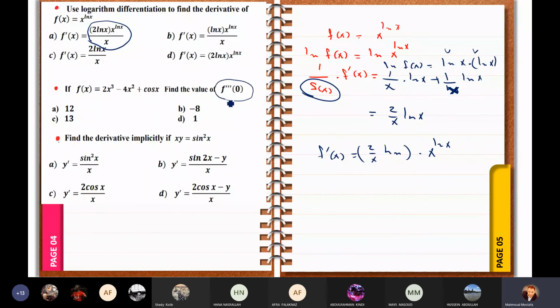We need the triple derivative. I have to differentiate 3 times at x equals 0. f prime of x is what? 6x squared plus 8x, and cosine would be negative sine.